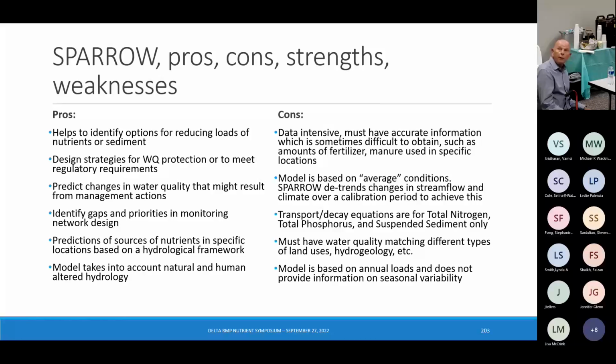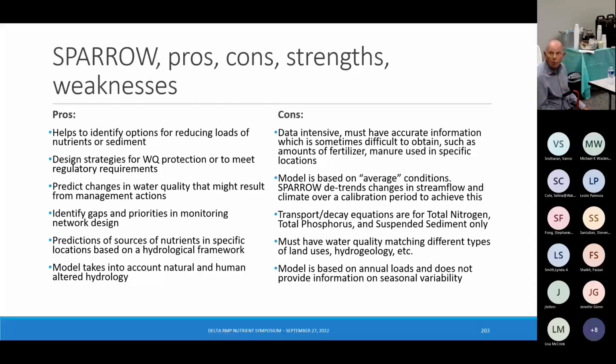So the cons are, it is data intensive and you must have accurate information. If all of your sampling sites were along the mainstream of the river, but you had a complex land use upstream, the model's not going to work, because you're not going to know how much nutrient might be coming from a farm, from an urban location, from a first order stream.